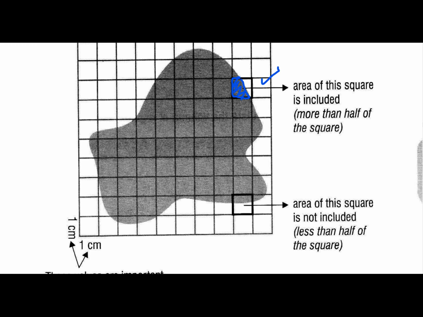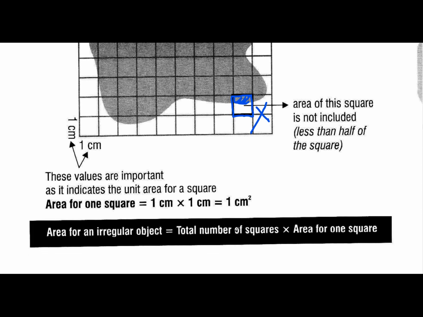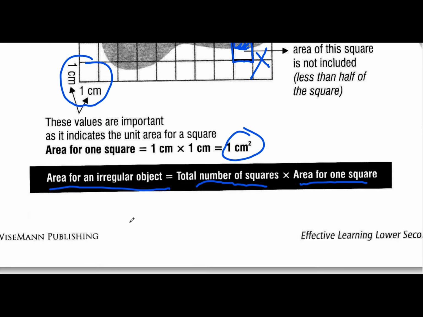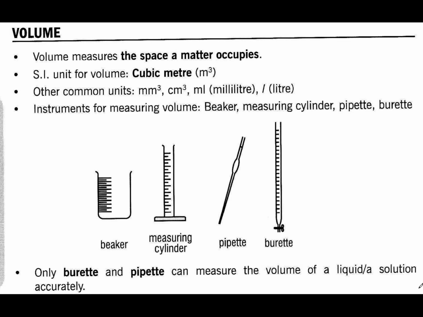If the shape covers less than half of the square, then the square is excluded. So the area of an irregular object is the total number of squares multiplied by the area of one square. In this case, the area of one square is 1 square centimeter. Let us now look at volume measurement.